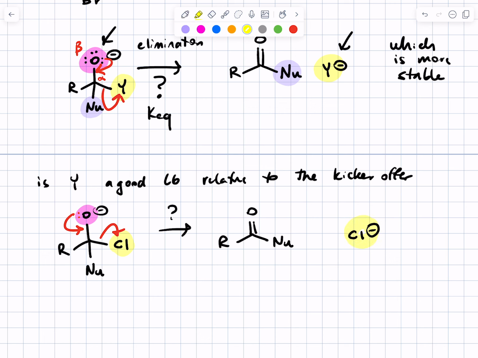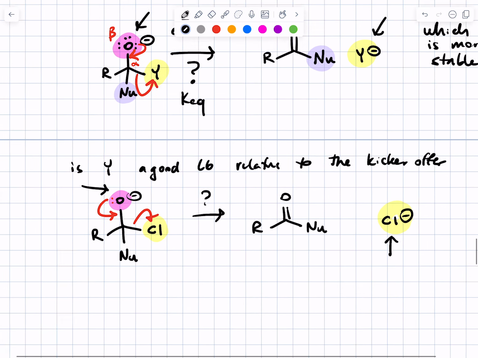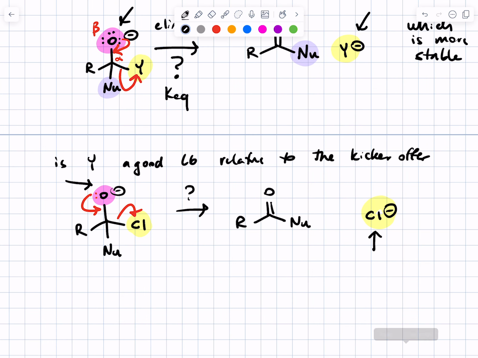What you're going to compare is Cl minus versus OR minus. And if you don't have that intuition down yet, you can always draw the conjugate acid of the kicker offer and the conjugate acid of the leaving group. Look up its pKa, which is for HCl minus 7, and for the alcohol, the conjugate acid of the kicker offer is around 16. Which is more stable, the leaving group or the kicker offer?